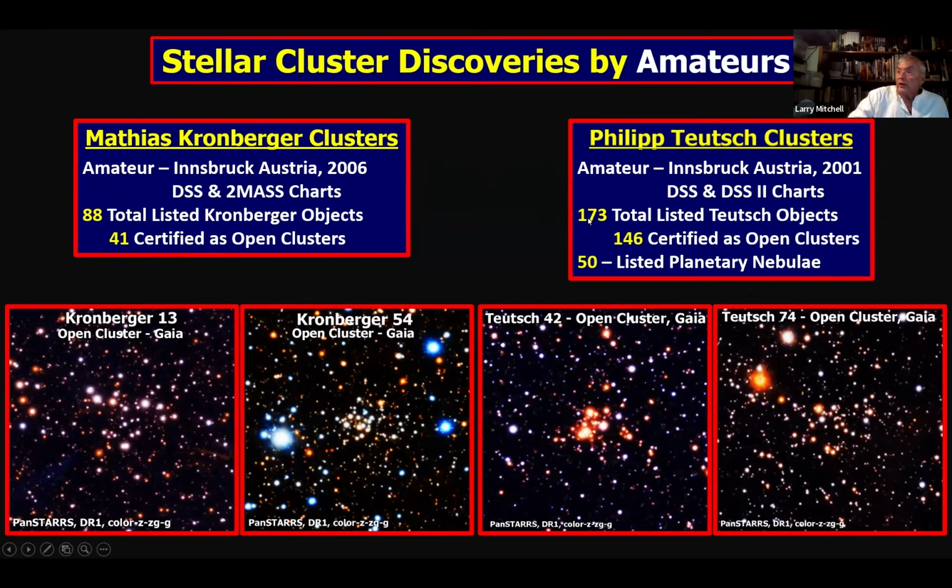Philipp Tuch has 173 listed Tuch objects, 146 of which have been certified as open clusters. And while he was at it, he also discovered 50 planetary nebulae. So these are discoveries that have been made by amateur astronomers, just like us, and they just took the time to look at the photographic data and made themselves famous. So this is something that any one of us can do as well.